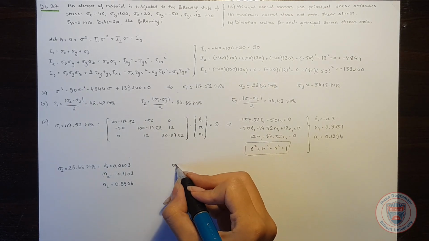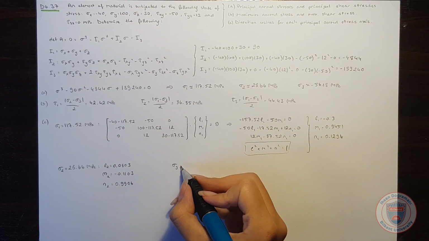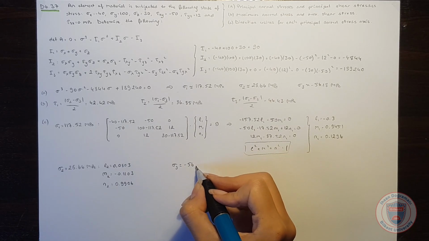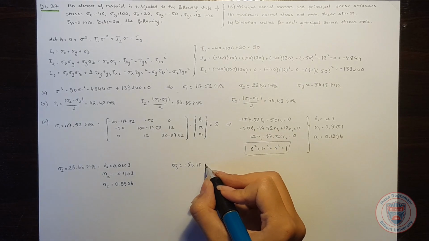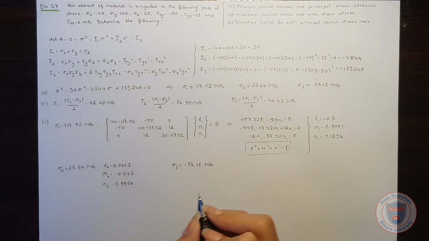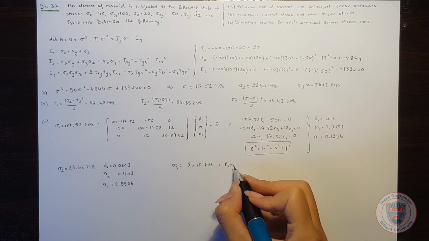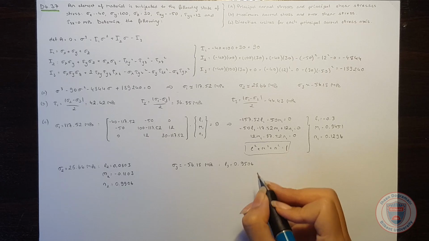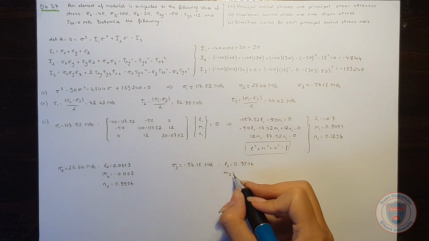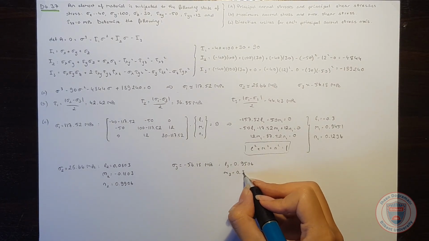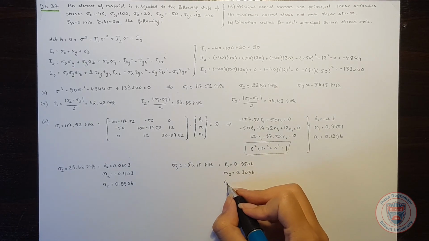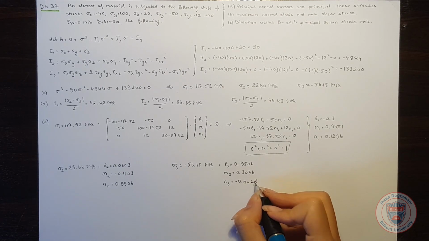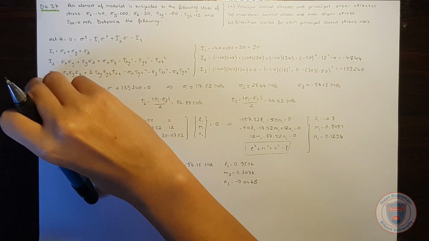And finally, sigma 3 will be equal to minus 56.18 MPa, and it will give L3 as 0.9506, M3 as 0.3076, and N3 will be minus 0.0428. By the way, sorry, this is not part B.